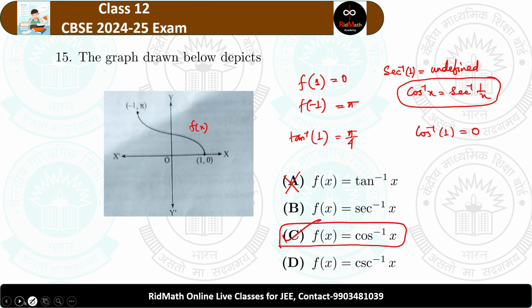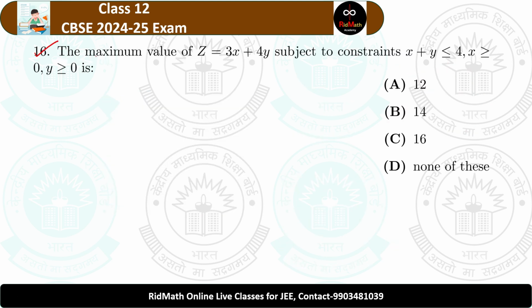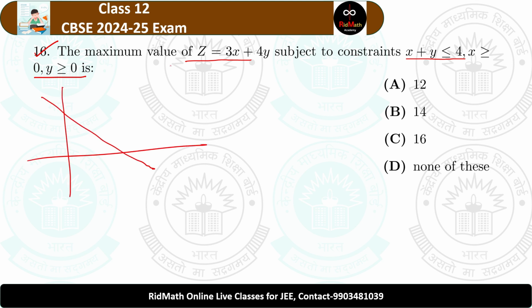Next problem. Question number 16. The maximum value of z equals 3x plus 4y subject to the constraints x plus y less than or equal to 4 and x greater than 0 and y greater than 0 is. Let us draw a graph. This is the line x plus y equal to 4.